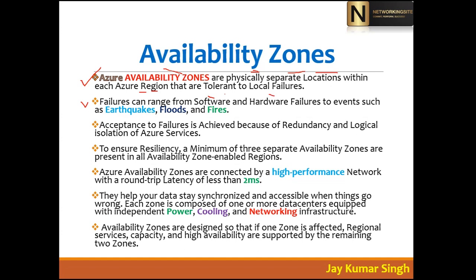Maybe your server goes down due to a software, hardware, or network problem, or due to fire, flood, earthquake, or no power at the location. Automatically you can access your data from another zone. Each and every region is separated into three zones: zone 1, zone 2, zone 3.